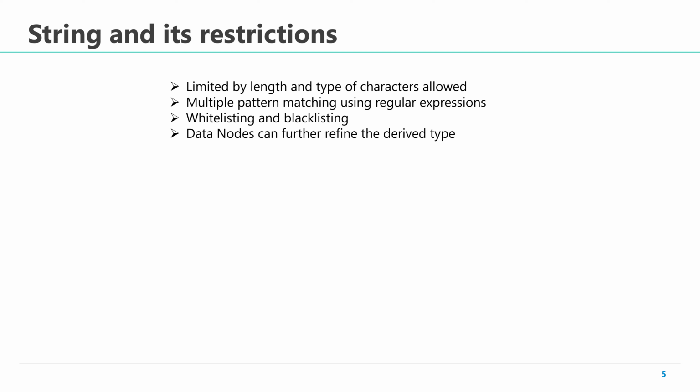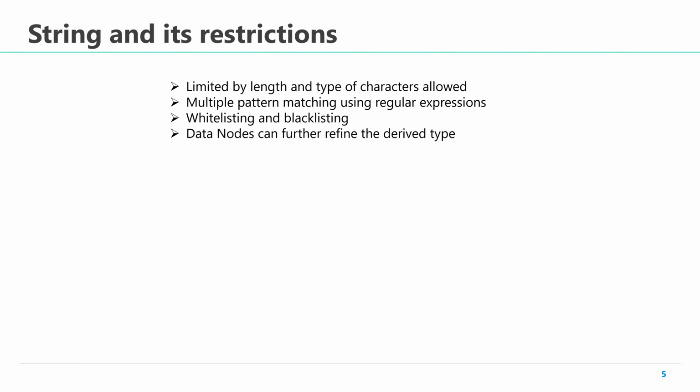The string type can be limited by length and the type of characters allowed in a data node as restriction. The limitation of the length is achieved by a YANG statement called length, and the pattern matching is achieved by a statement called pattern.